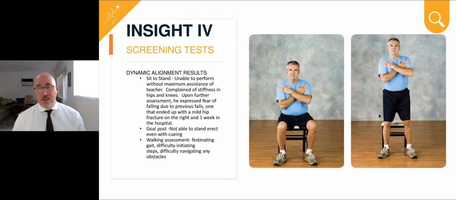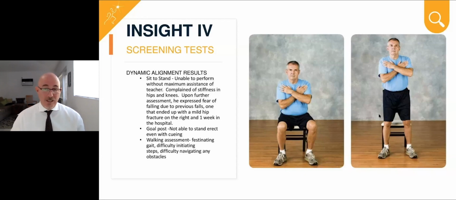And then the walking assessment became very important to me. That's where I saw the festinating gait. That's where the gait goes a little bit faster and faster, and that's the risk of falls. So I was really concerned about Arthur's risk of falls, and being that he already had falls, and that he also was scared of falling because he had been in the hospital before.